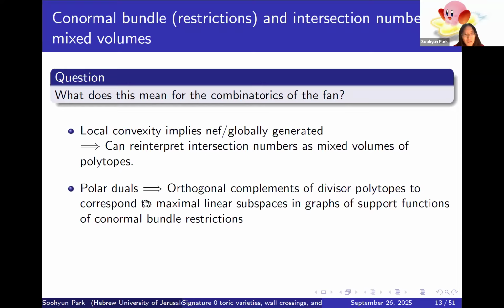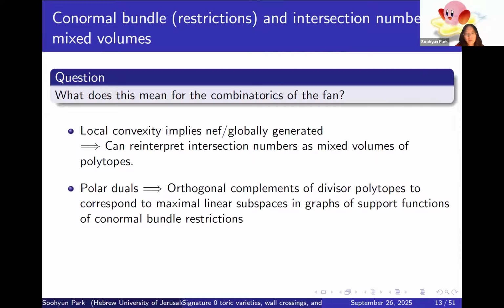And if you take the orthogonal complements to these, you can also interpret them in terms of how the links over the cones are realized in lifts to different spaces. So if we just took a look at the p equals 1 case, this is a link over a ray lifted to the ambient space of the entire fan. And you're asking if there are any positive dimensional linear subspaces contained in that.